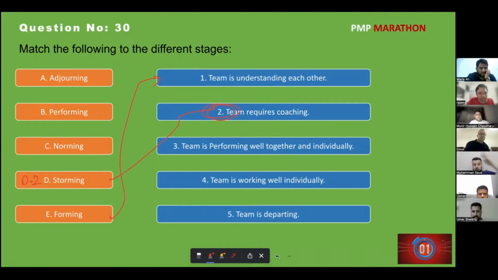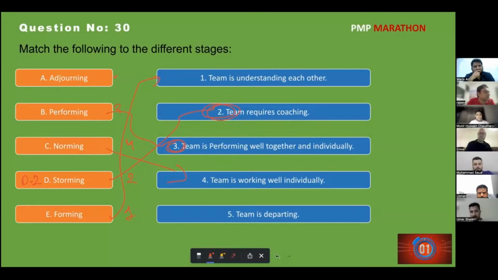C, norming, is four: team is working well individually. Performing is three: B is three, team is performing well together and individually. And adjourning is team is departing.